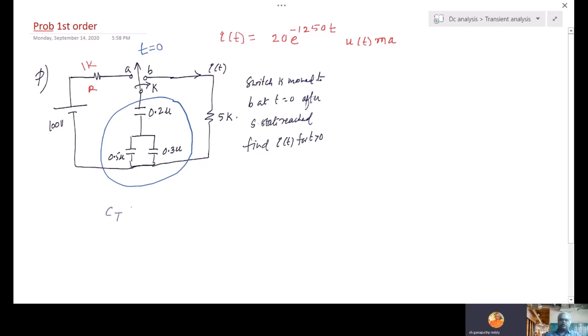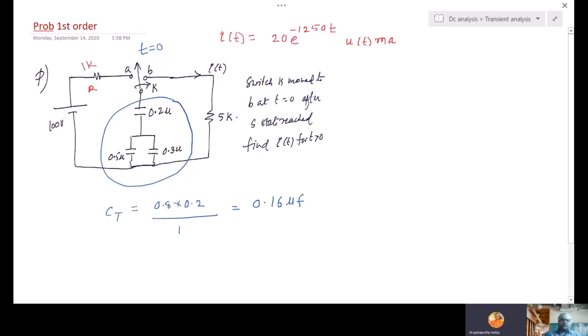So what is C equivalent? 0.8 into 0.2, because they are series now, divided by 0.8 plus 0.2. So that is 1. This is equal to 0.16 microfarads. 0.16 microfarads total C equivalent.